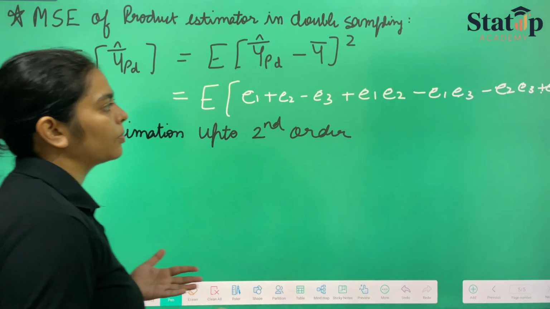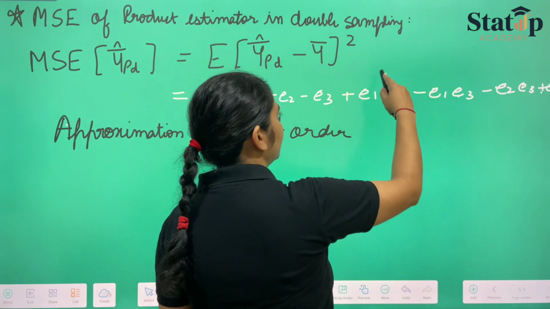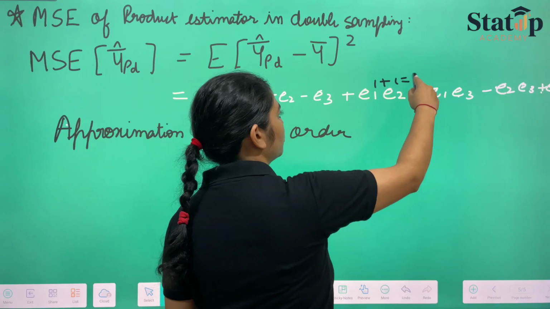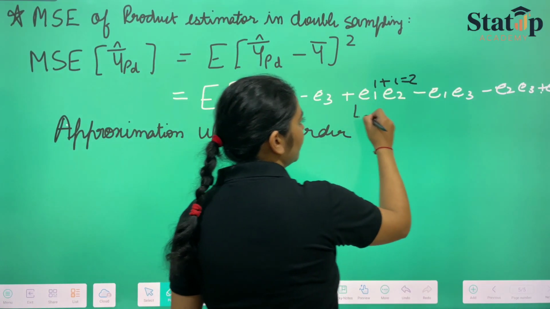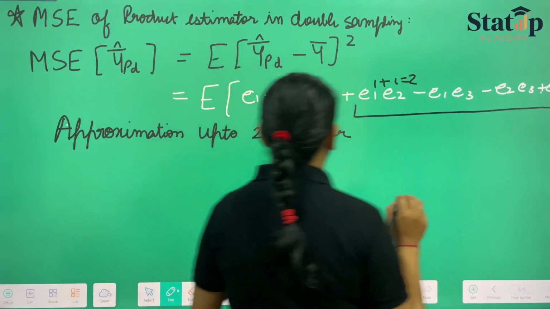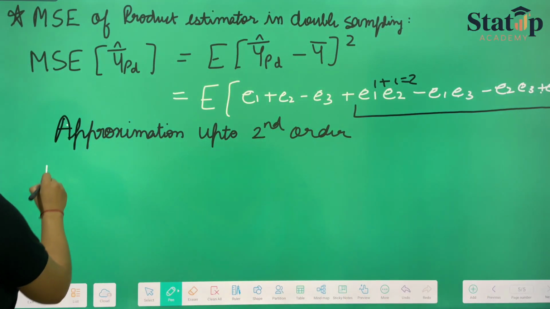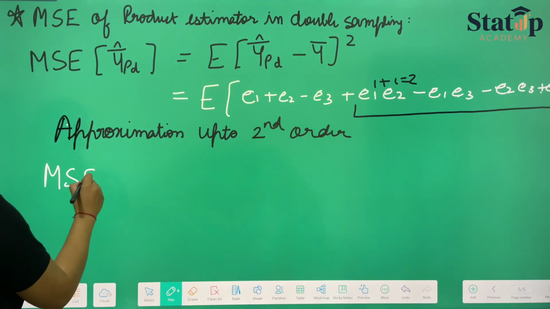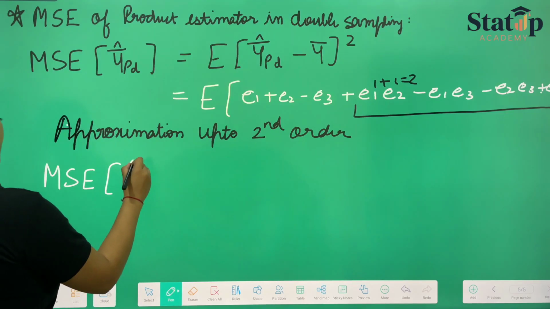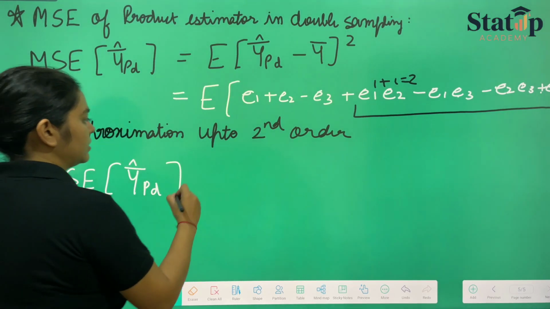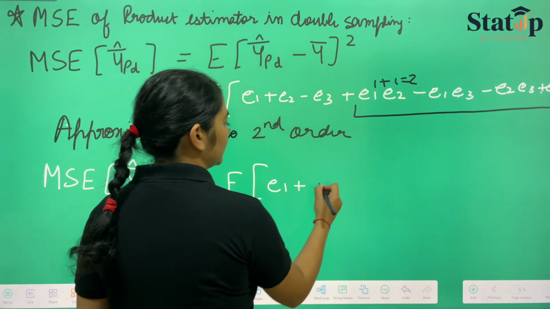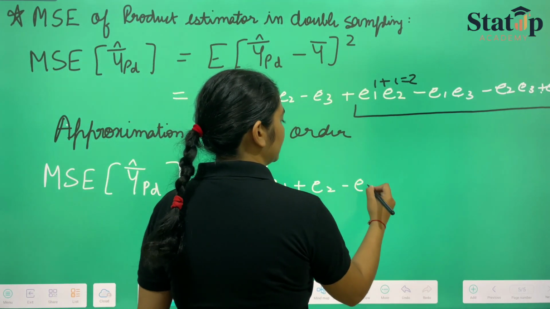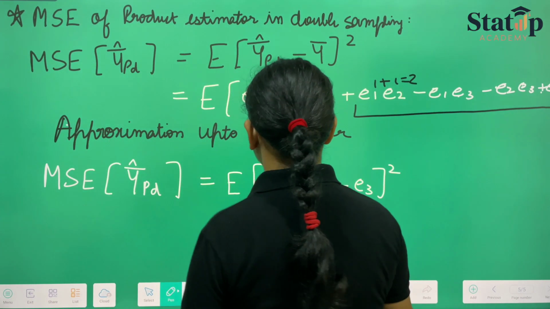So if we take the square of this, 1 plus 1 is equal to 2. Square of this will be raised to the power 4. So we will ignore all these terms and we are left with MSE of mean of product estimator of double sampling, which is nothing but estimation of E1 plus E2 minus E3 whole square.